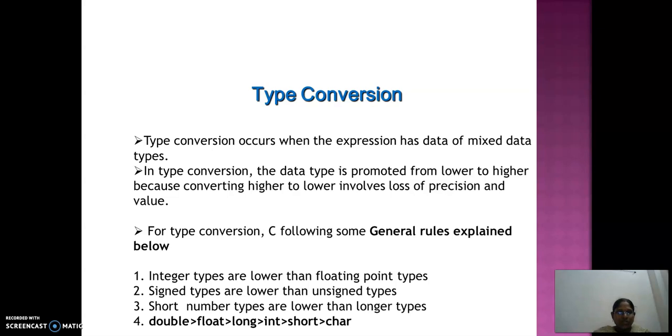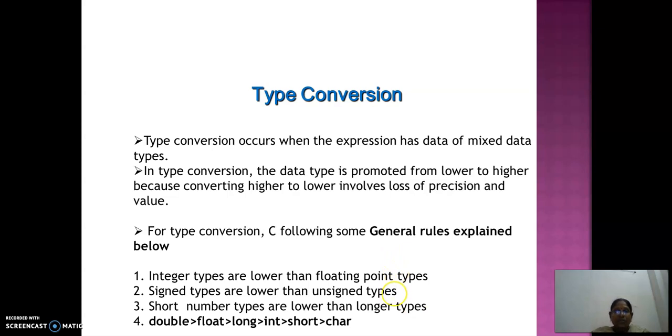In type conversion, the data type is promoted from lower to higher, because converting higher to lower involves loss of precision and value. For example, I am having 2 plus 3.5. If I convert 2 into a floating point value like 2.0 and then perform the addition, then you will have 2.0 plus 3.5 is equal to 5.5.